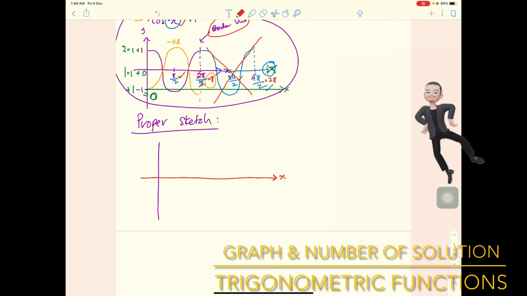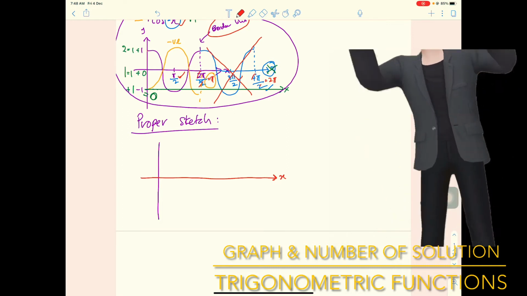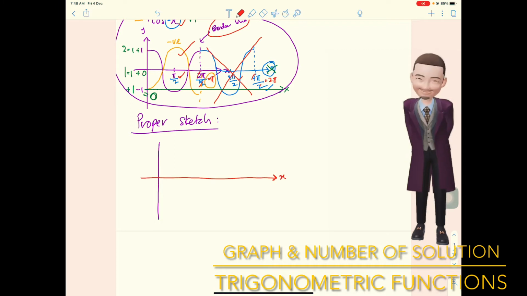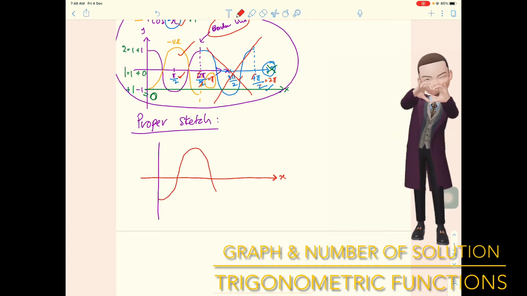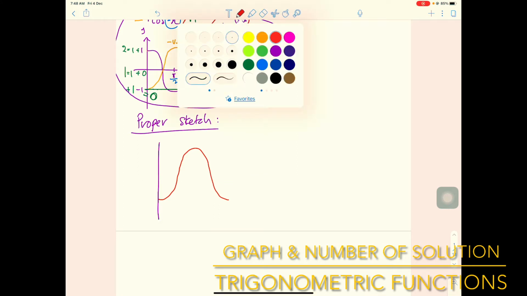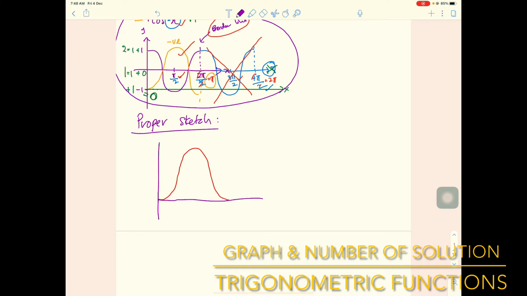We sketch the negative, the orange color like this. So we delete, and then draw the x-axis. So this is the x-axis.